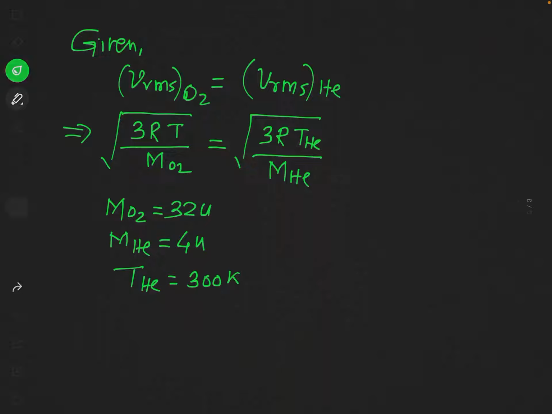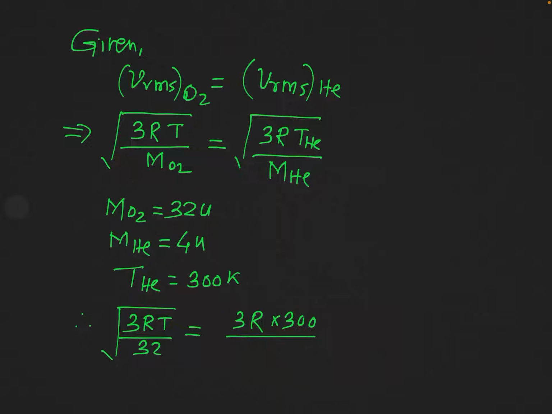So now let us substitute all these values in the above expression. So you may write the square root of 3RT divided by 32. There is no need of changing the unit here because on both sides the same quantities are present, so the unit will be cancelled out, and so this is the square root of 3RT divided by 32, and this will be the square root of 3R times 300 over 4.